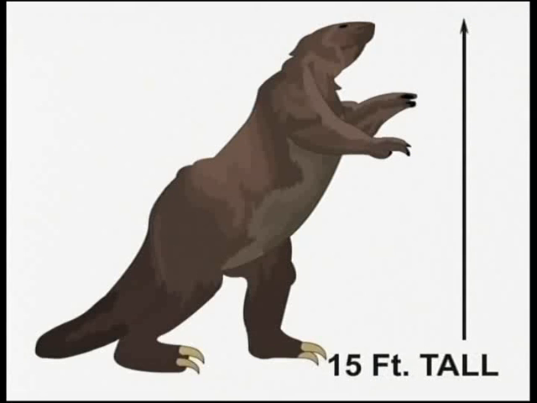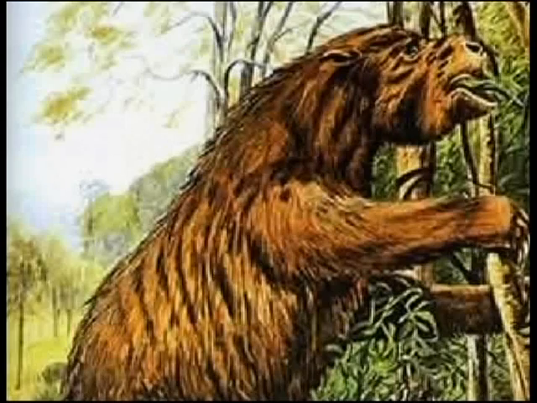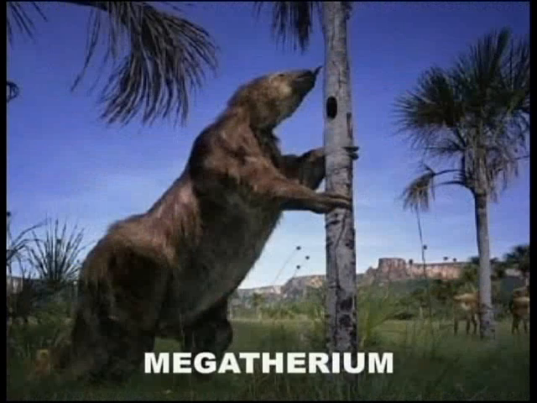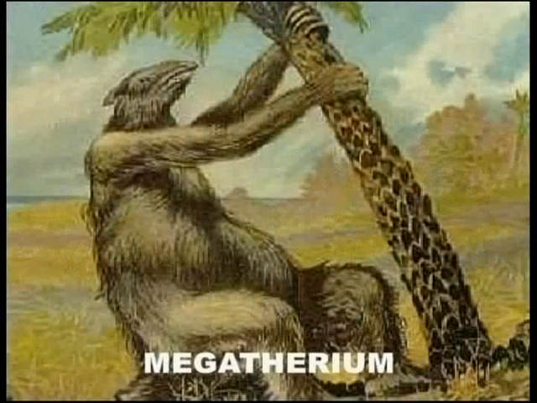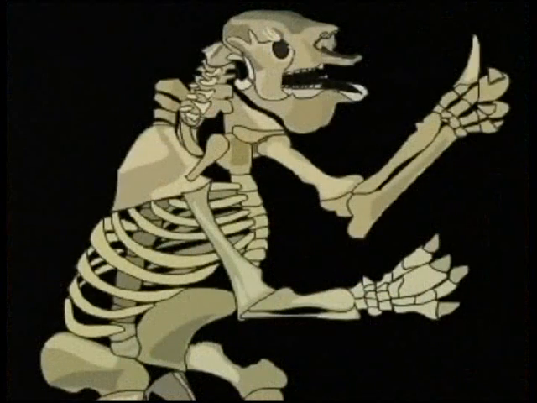That is 15 feet tall. The local people here called it the giant mole. And the scientists gave it the name Megatherium. This creature may have died out during the last ice age and may have lived on leafy branches.